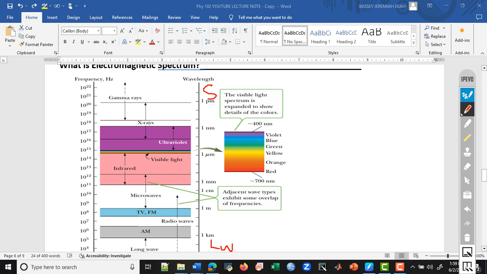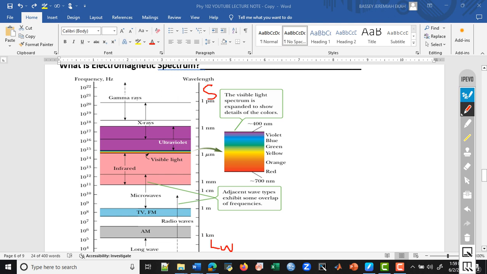Electromagnetic radiations that have shorter wavelength have a higher penetrating power than the ones that have a longer wavelength. Looking at this, you see that gamma ray has a higher penetrating power than X-ray. X-ray can as well penetrate because it has a short wavelength, but the wavelength of X-ray compared to gamma ray is longer.